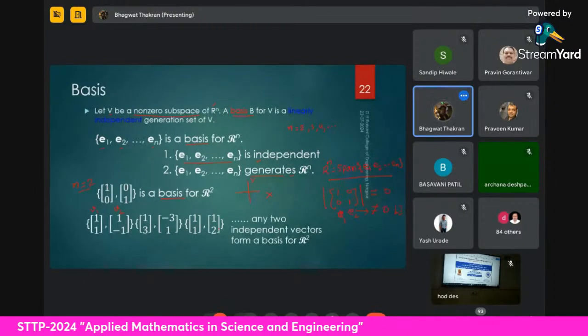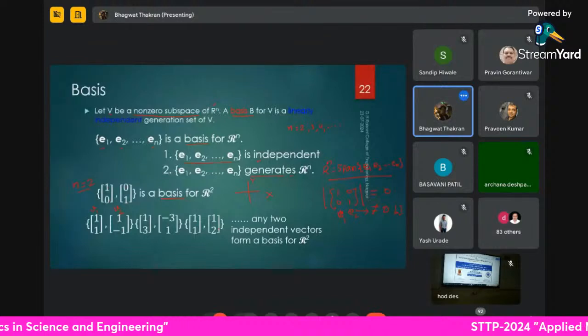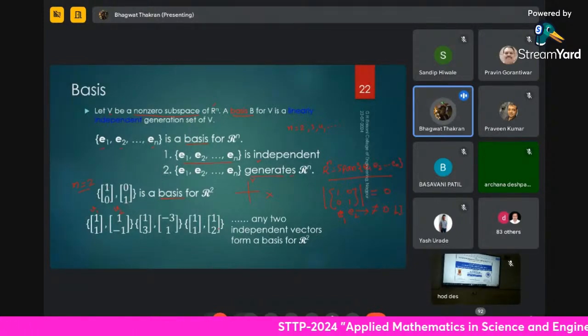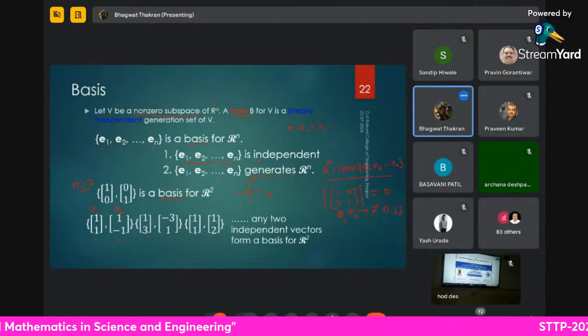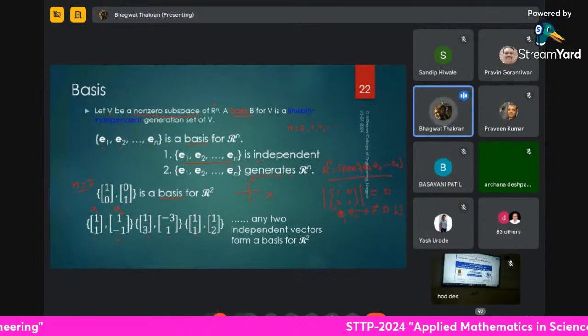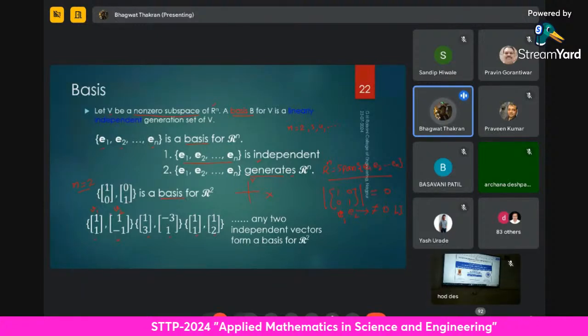Can they form a basis of R2? Yes, they can form a basis of R2 if we find that the set contains linearly independent vectors. They are linearly independent vectors in each set, and definitely they can form a basis.